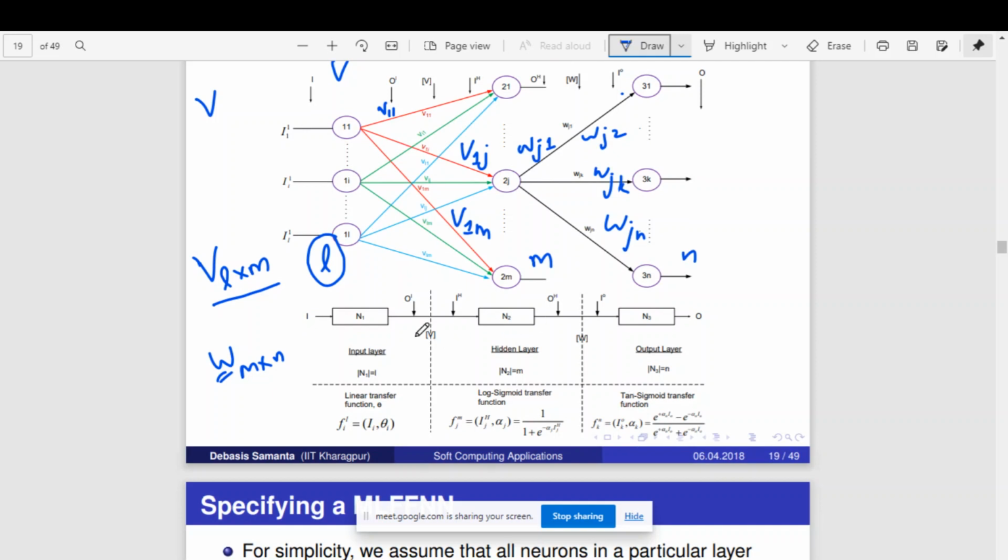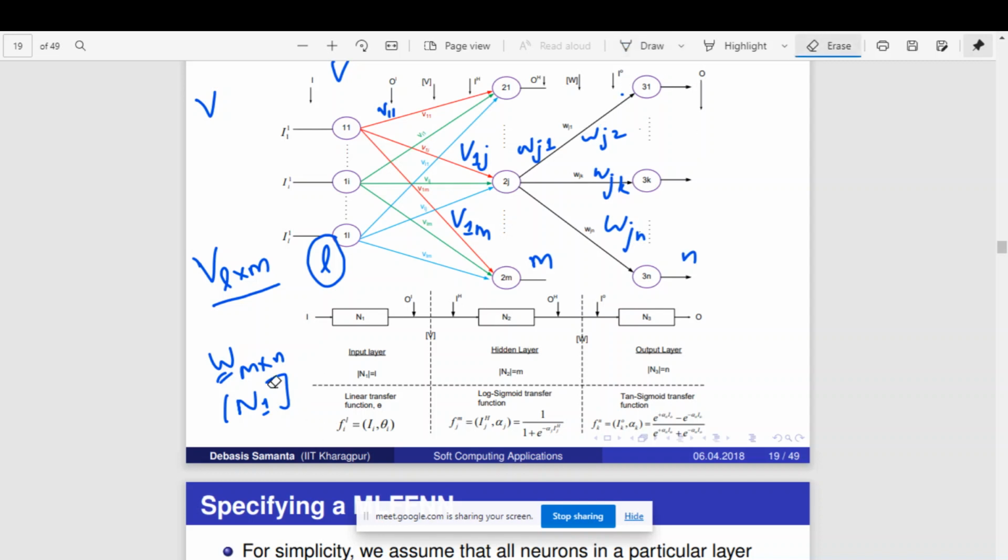So in the input layer, there are L neurons. This symbol represents the number of neurons in the first layer. This one represents the first layer, and n represents the neurons.